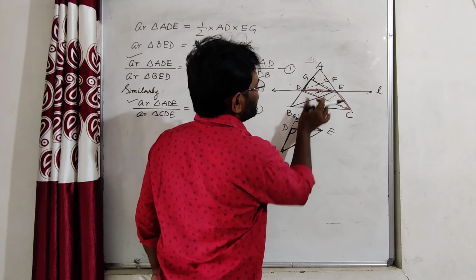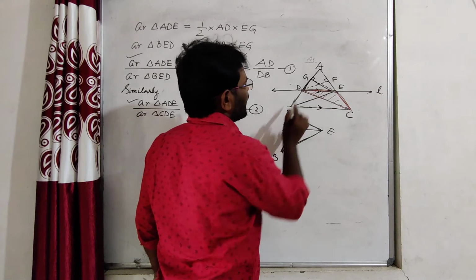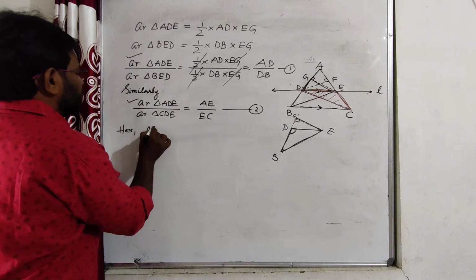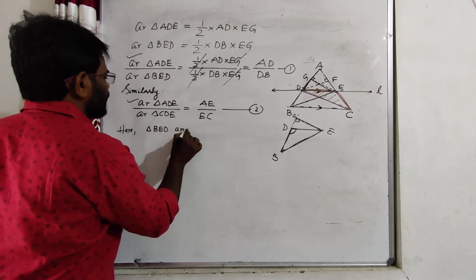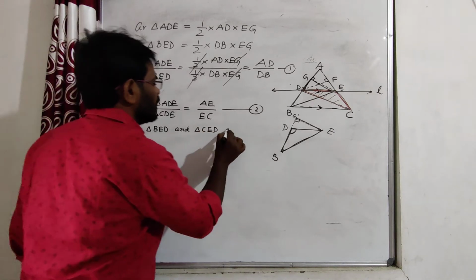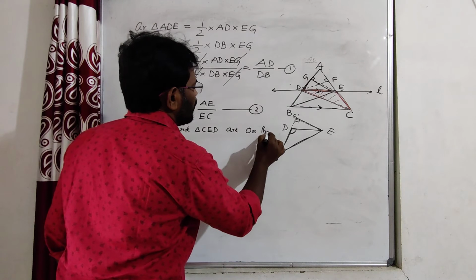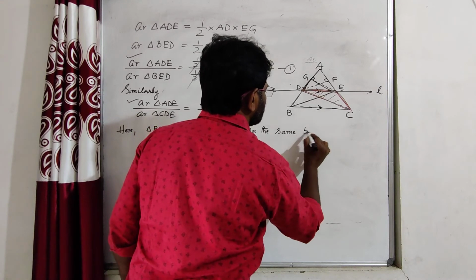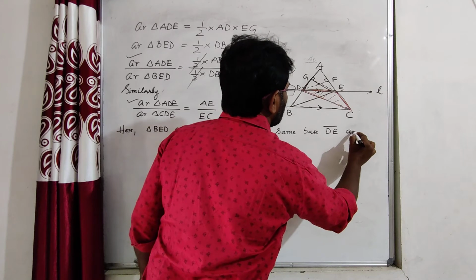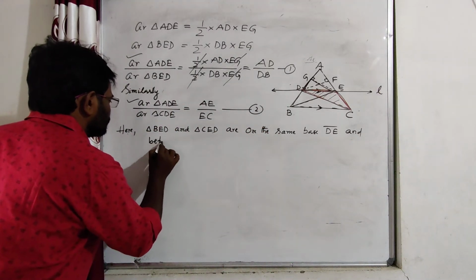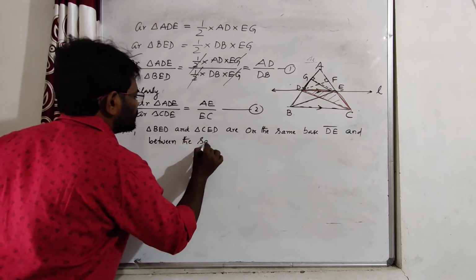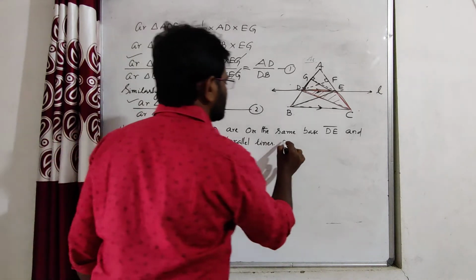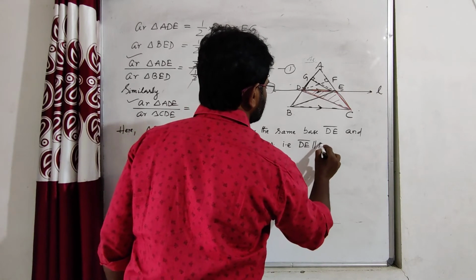Both are between the same two parallel lines and having the same base D. Here triangle BED and triangle CED are on the same base, D, and between the same parallel lines, that is, DE parallel to BC.